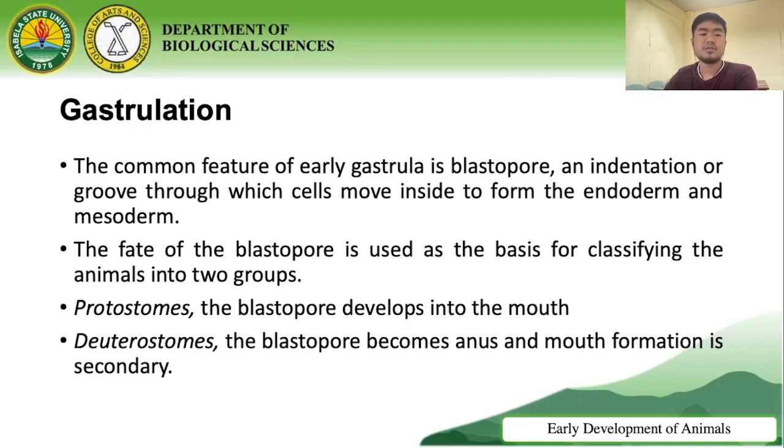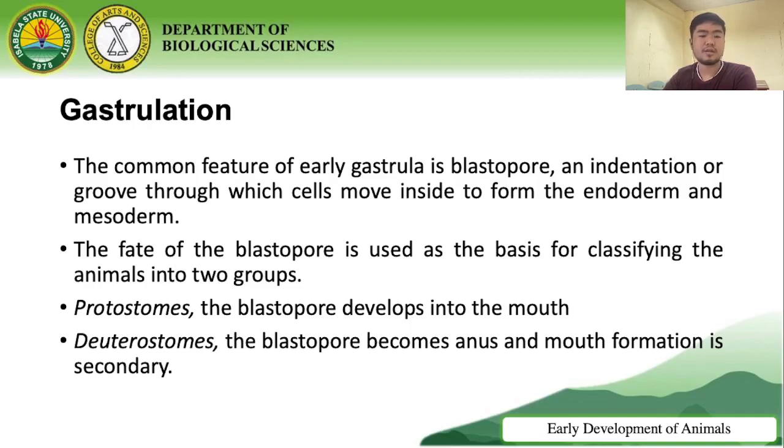The two groups of animals are the protostomes and deuterostomes. In protostomes, the blastopore develops into the mouth. In deuterostomes naman, the blastopore becomes the anus and mouth formation is secondary. So, mauuna muna ang anus and then susunod ang mouth.